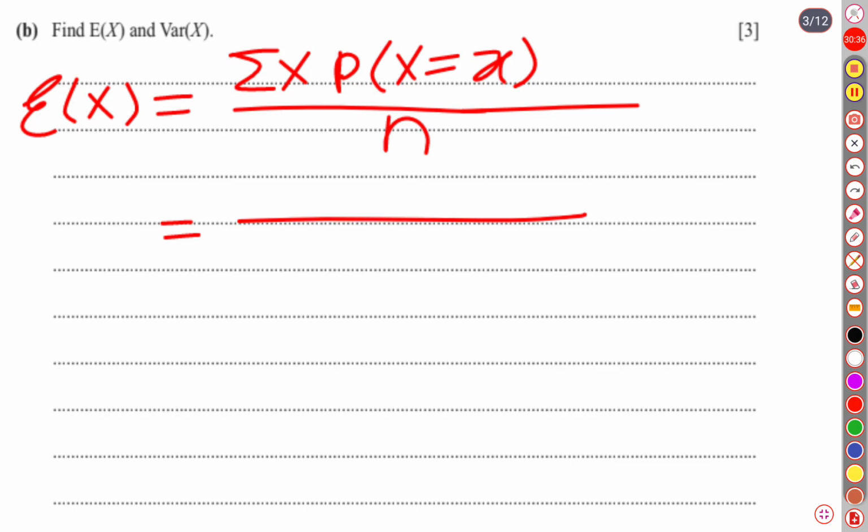The total number of outcomes is 36, because if two dice are thrown together, 6 sixes are 36. Now from the probability distribution table we will find the product of each probability and X value.